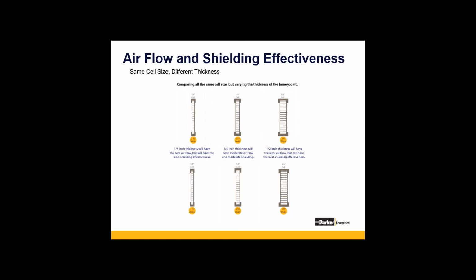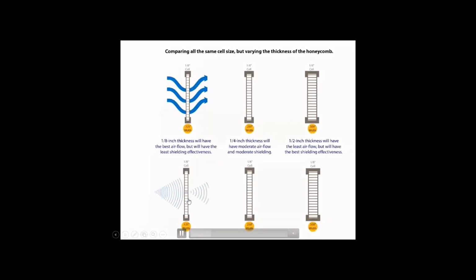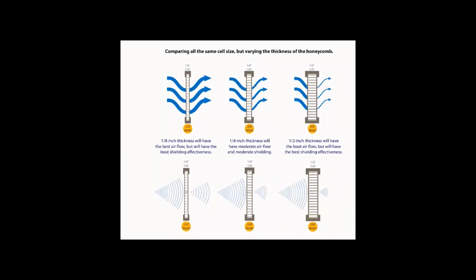So one of the things I wanted to go back to is, because I don't believe these animations work too well during the presentation, just to give you a little bit of information on what the different thickness looks like for shielding effectiveness, as well as for airflow.